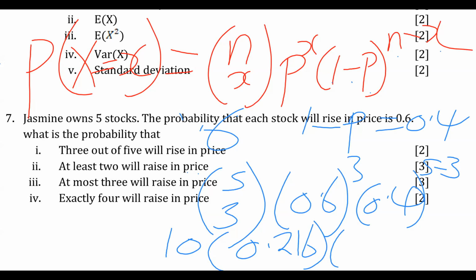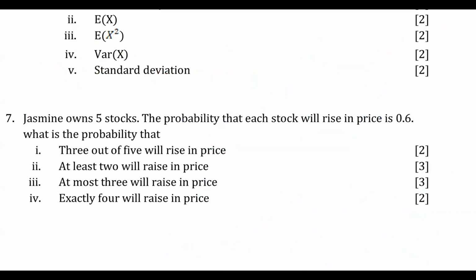It's 0.4 to the power 2, giving me 0.16, right? Yes. When you multiply everything, that's the probability, okay?